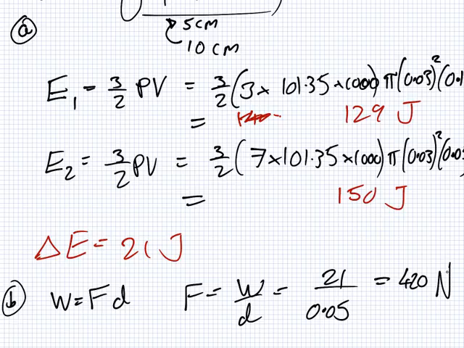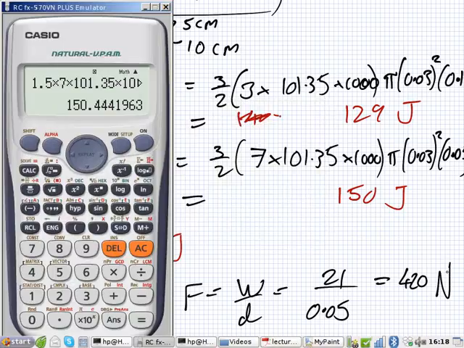The problem is that the pressure changes; it's not constant. That's a good question. If you listen to Yahia's question, he wants to know, can you use the formula pressure is force over area, so force should be pressure times area.